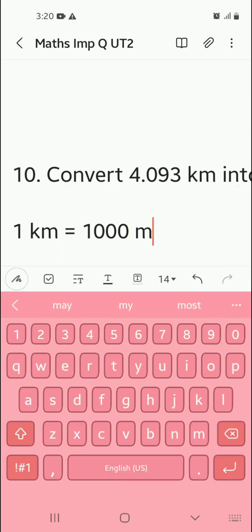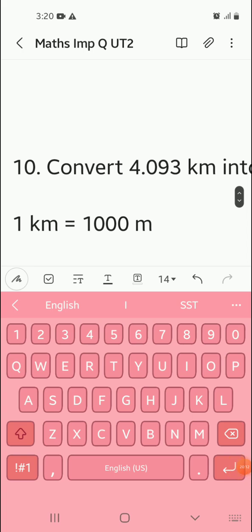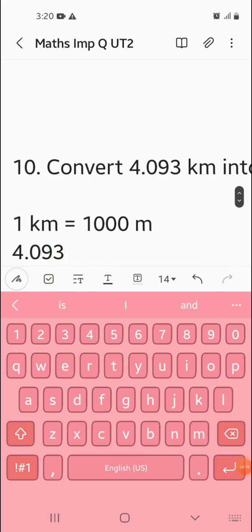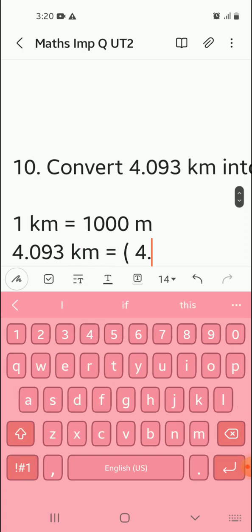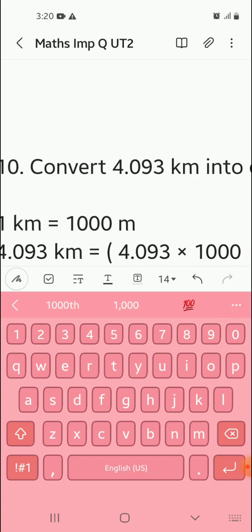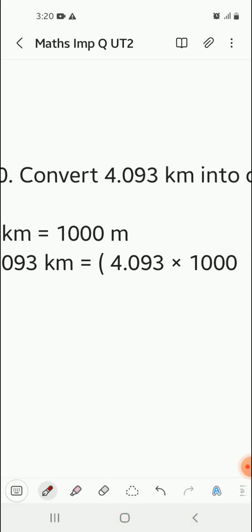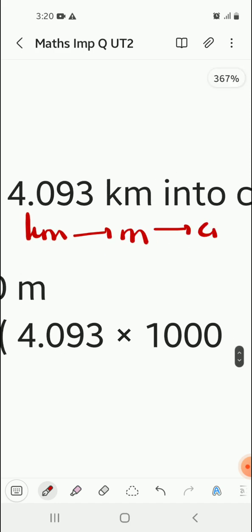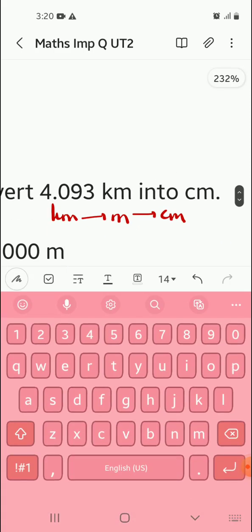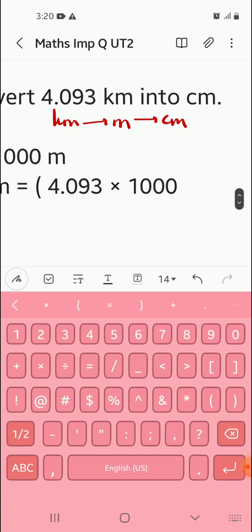Therefore, 4.093 kilometer will be equal to 4.093 into 1000. Just like the one we had done before, first we convert kilometer into meter, then the meter into centimeter. So this way this is done.